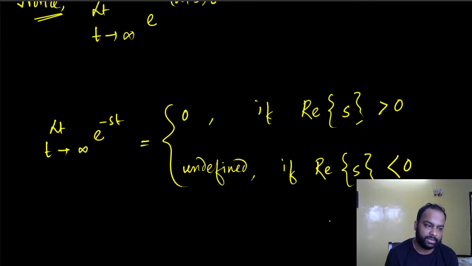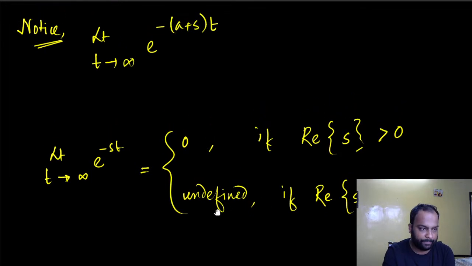So we actually previously figured that out. When t tends to positive infinity, the limit of e to the power minus st would be 0 if the real part of s is greater than 0, and it will be undefined if the real part of s is negative.